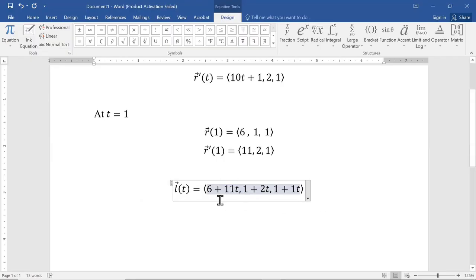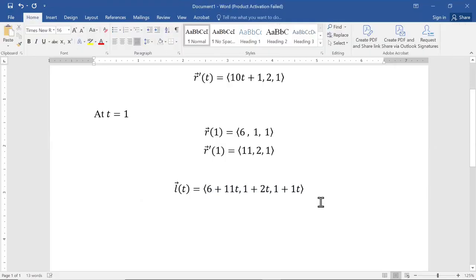If you want to write that as a sum of 2 vectors instead of as a single vector, by all means go ahead. Doesn't matter how you do that. But that is the tangent line at t equals 1. Notice that we are not plugging anything in because I need to write this as a line. So that's the line.